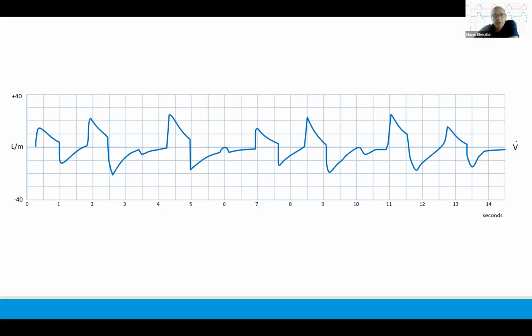Take a look at this one. You will see that you have a large tidal volume in this breath here. In order to exhale this volume, you need a longer expiratory time. But the respiratory drive of the patient is faster than what we have here, so he started to get another breath.